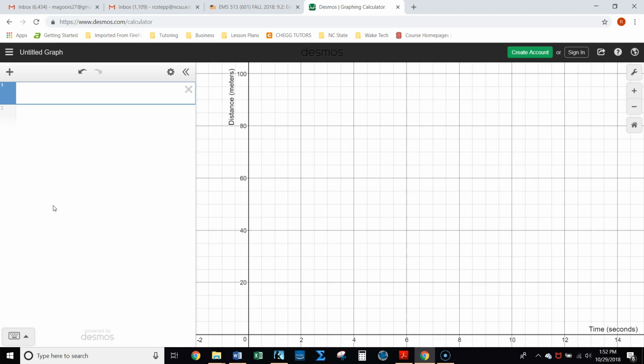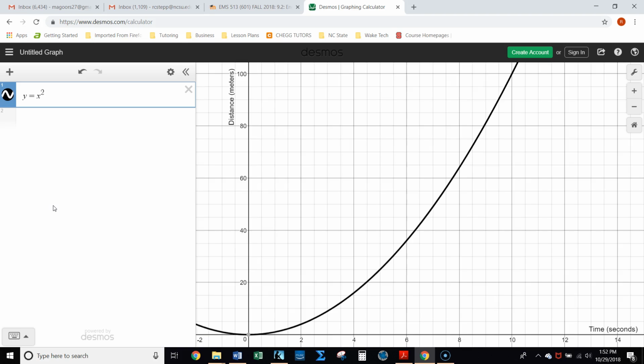So the first one is the rabbit, and I came up with y equals x squared as the function because pretty much that's what happens. His speed increases by 1 every time that the clock increases by 1 second.